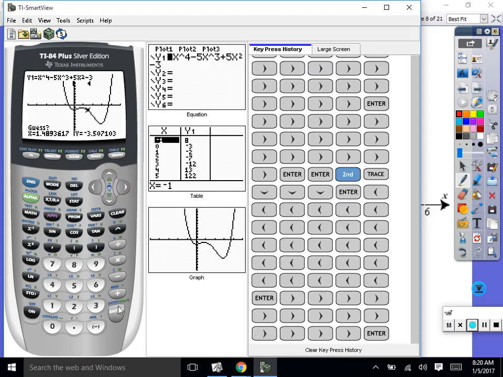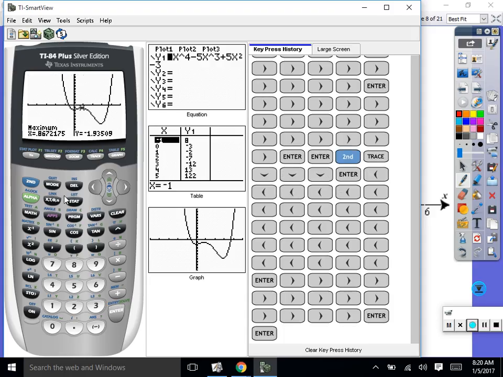Enter. You want us to guess? Yes. So our max is at 0.9, -2, basically, right? If we graph -1.9, it's going to be pretty much -2. So let's just call this 0.9, -2.